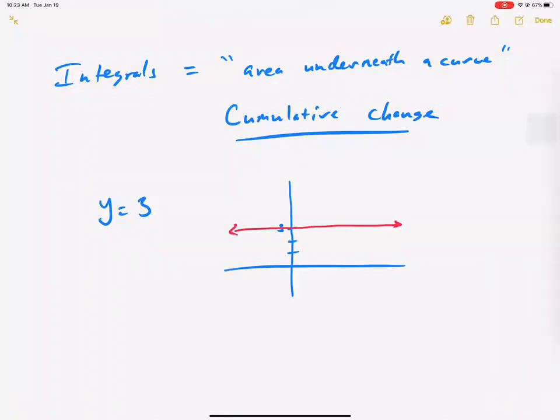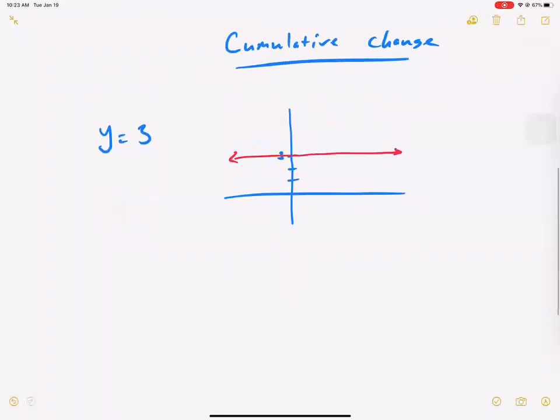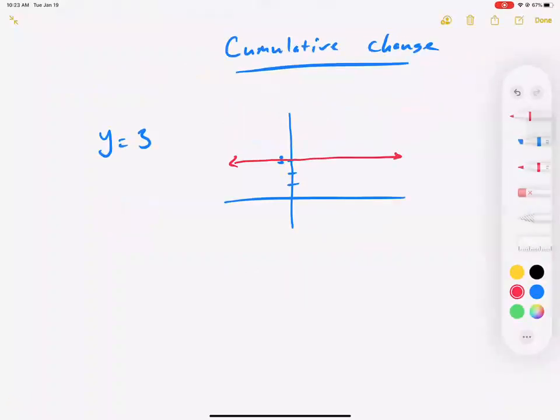Now, we're going to introduce something also here today, a definite integral. So we're going to say y is 3, the integral of 3 dx, and we're going to say between 0 and 4. Okay? So this is what we call a definite integral.